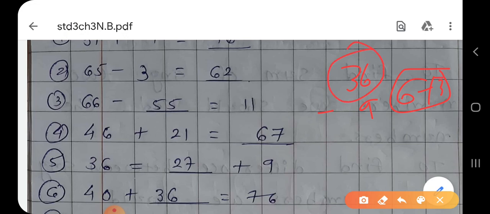Then 30 minus 3, 27. So if we add 27 and 9, then we get 36. So in this blank the answer is 27.